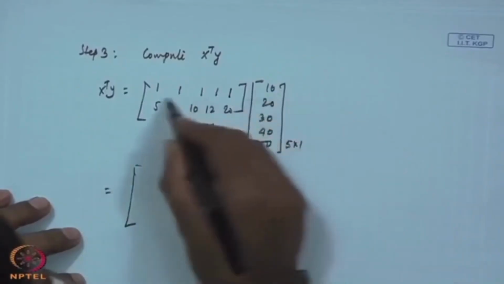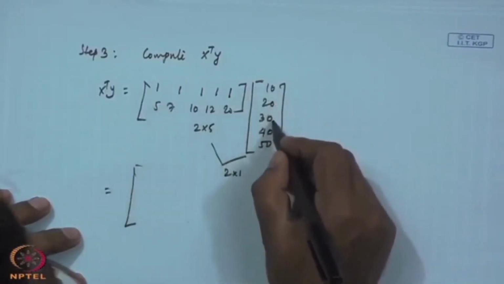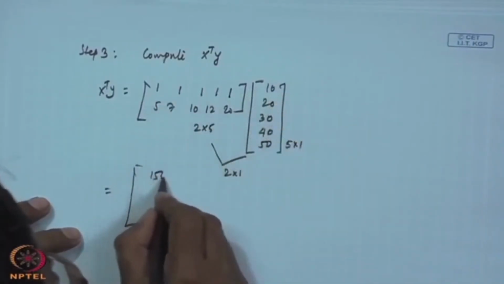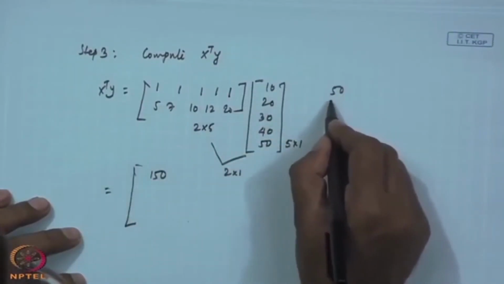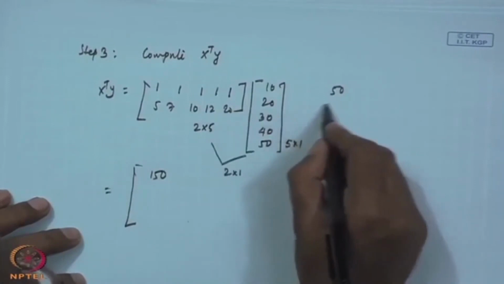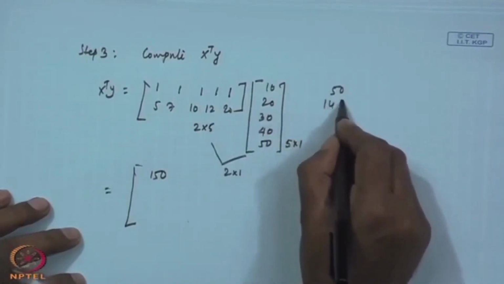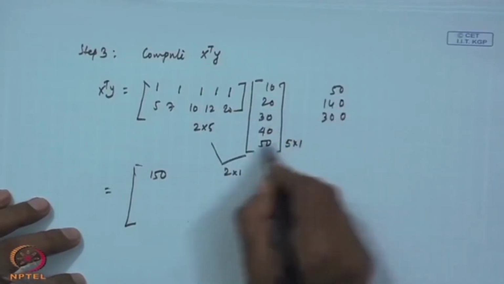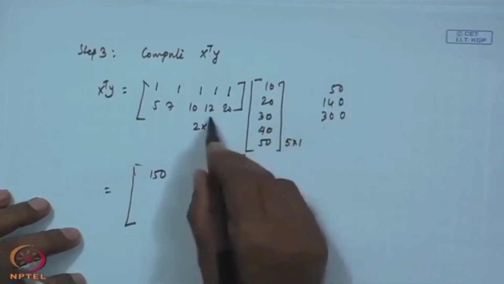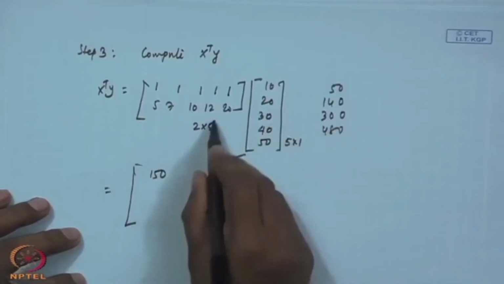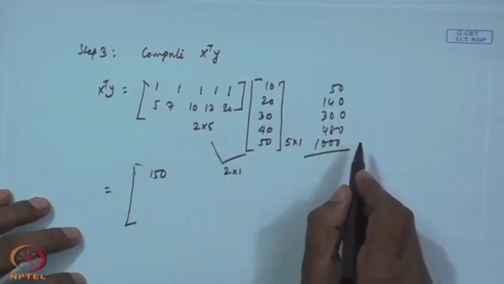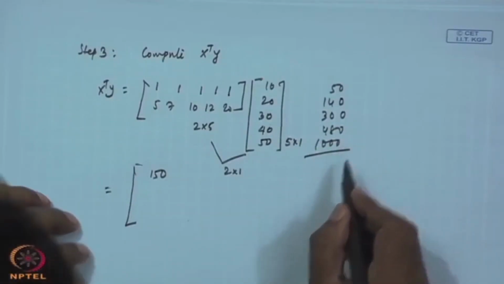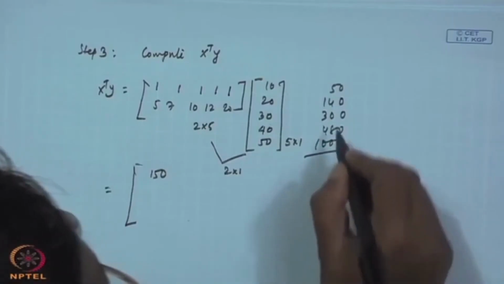So now the 10 all will be summed here, 10 30 60 on 50 finally. Then this is 50 50 plus 140 plus 300 plus 480 plus 1000. Okay, I think this quantity will become 0.